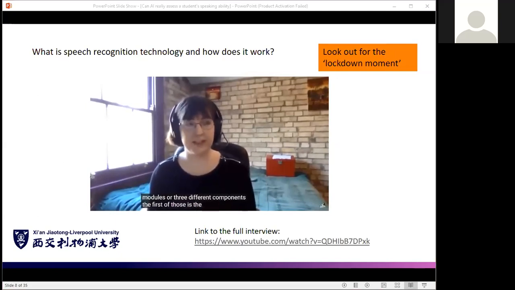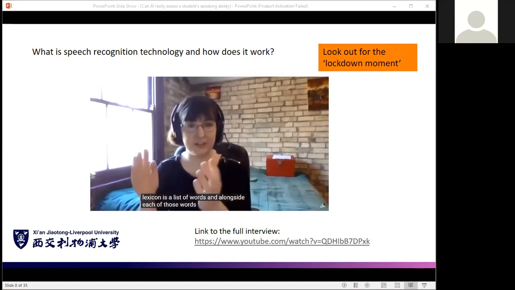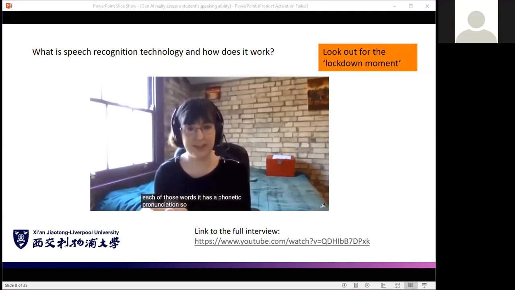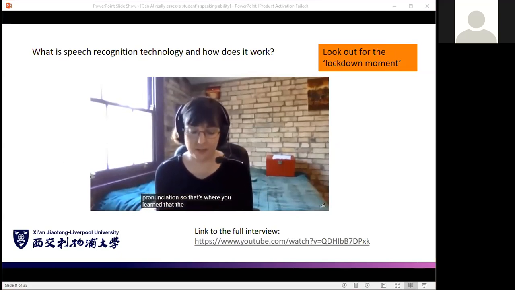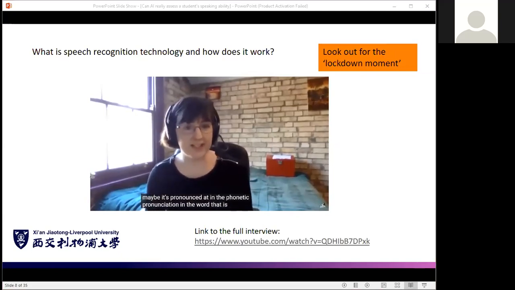The first of those is the lexicon. The lexicon is a list of words, and alongside each of those words, it has a phonetic pronunciation. So that's where you learn that the word cat, maybe, is pronounced k-at, and the word that is th-at.